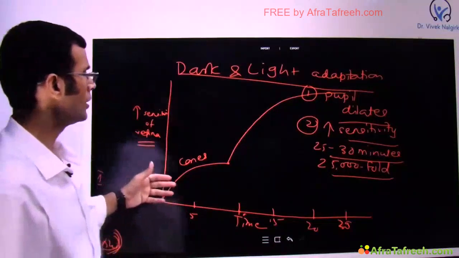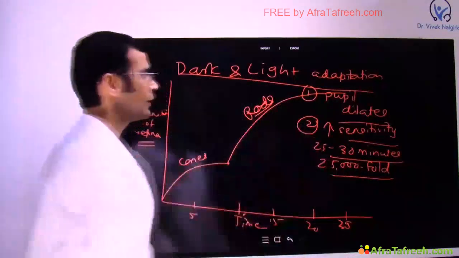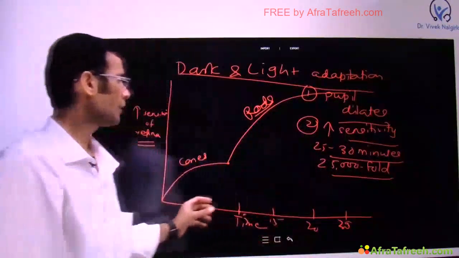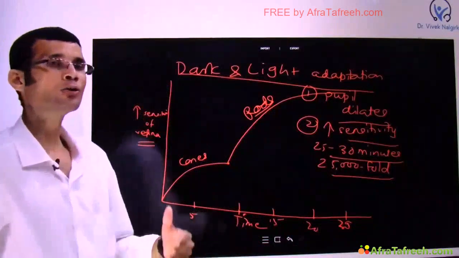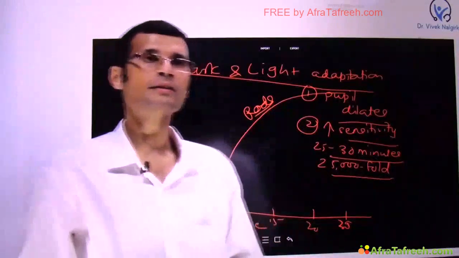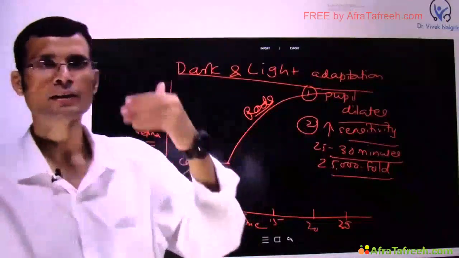So rods adapt slowly. That's the dark adaptation.